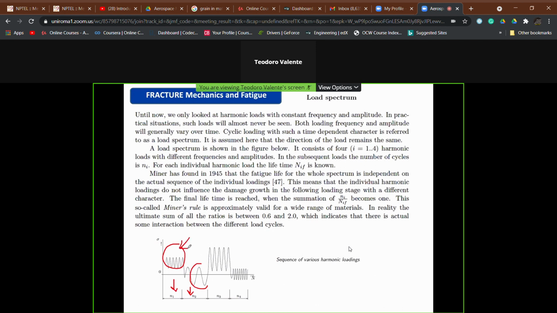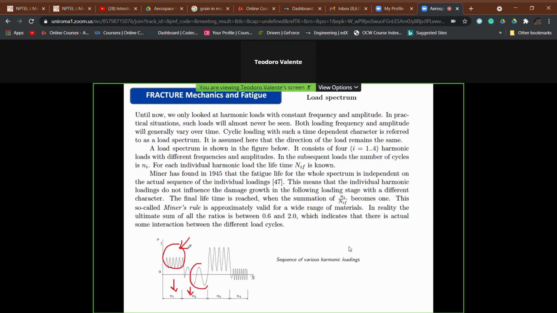In the simplest cases, in which we do not have any variation of frequency and amplitude, we have available, for example, experimental data which tell us, remember the Wöhler curve, the number of cycles to failure in that condition. So we suppose, and this is really true, that N_if is a quantity which is known.